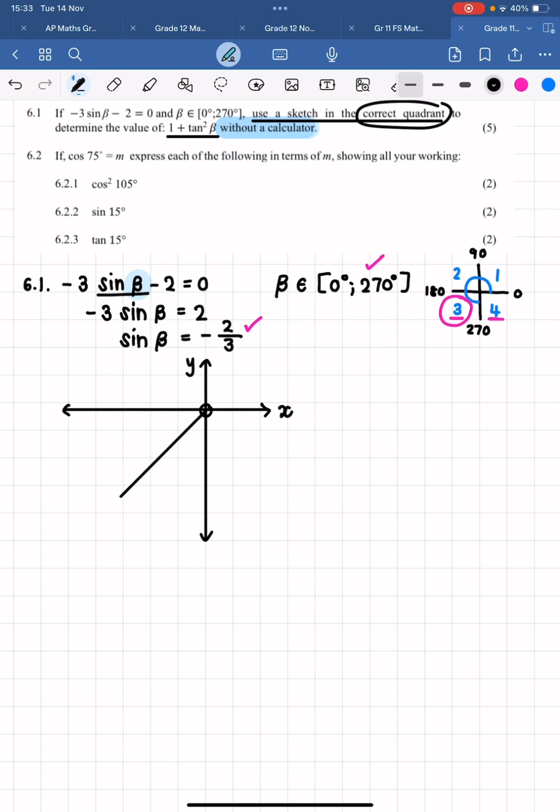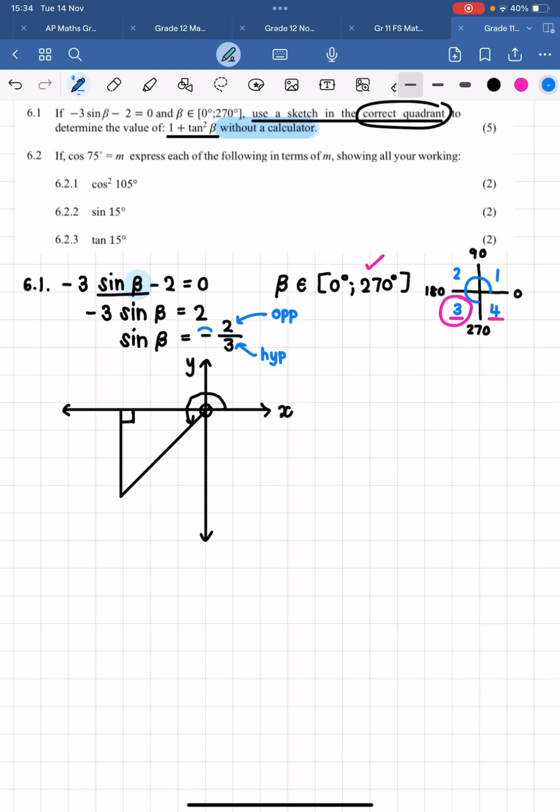So over there, I'm just going to draw a right angle triangle, and then from there I'm going to use my ratio that I have here for sine to fill in the sides of this triangle. Guys, we know that sine is opposite over hypotenuse, right? So 2 is meant to be the opposite side, and 3 is meant to be the hypotenuse.